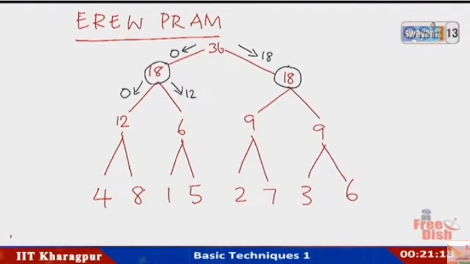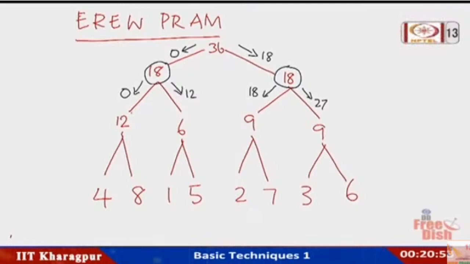So this 9 and this 18 together have to be added to every single leaf of the right subtree. Therefore, what it forwards to the right side is 18 plus 9, 27. And it forwards the 18 which it received from the parent without any change to the left side. This is to be added to every single leaf of this subtree.